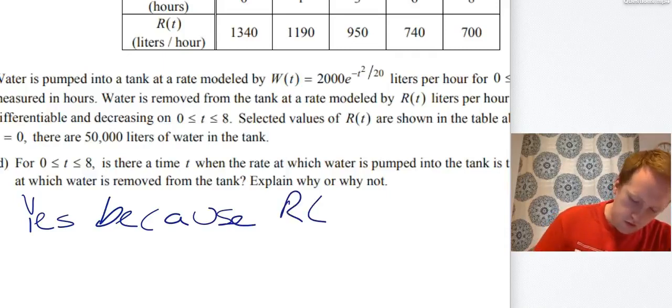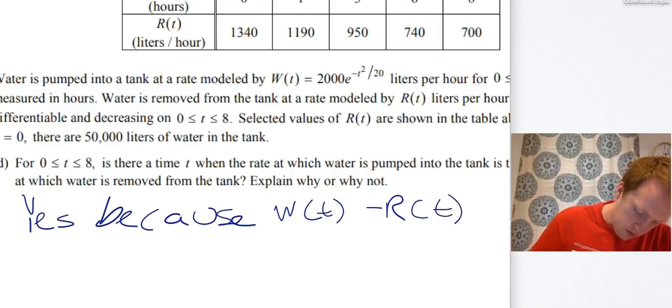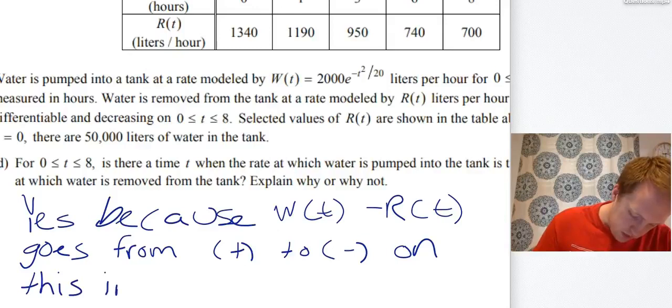we said W of t first, right? Because W of t minus R of t goes from positive to negative on the interval 0 to 8, I think it actually started at positive, on this interval and is continuous.